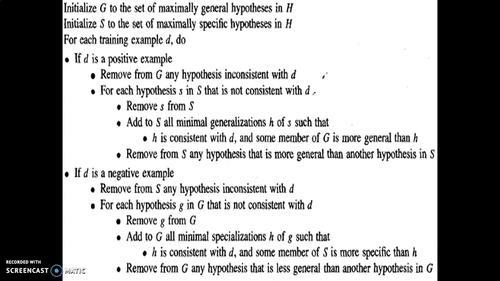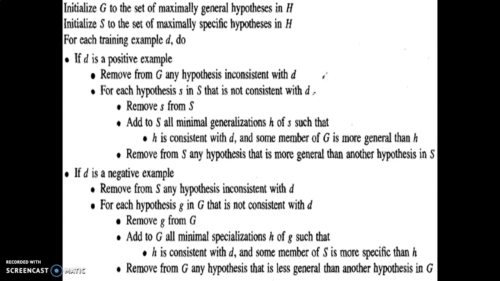If D is a positive example, whatever examples we consider, if the particular example we are considering is a positive example, we will remove from G any hypothesis inconsistent with D. We will see in the example how it is inconsistent or consistent.